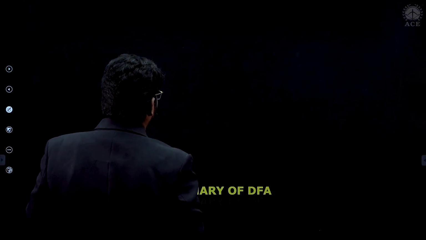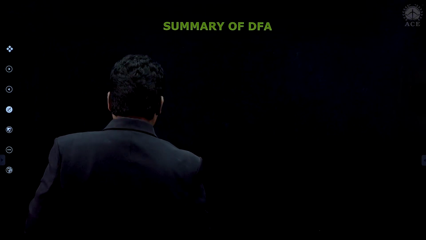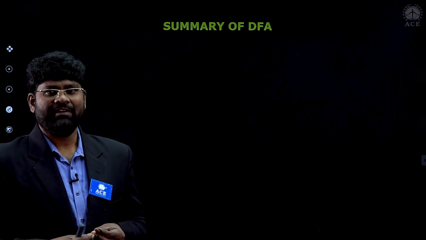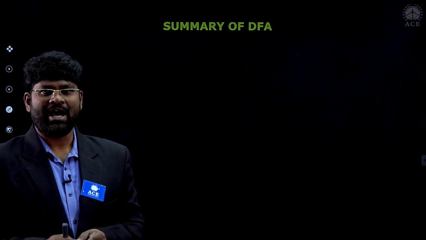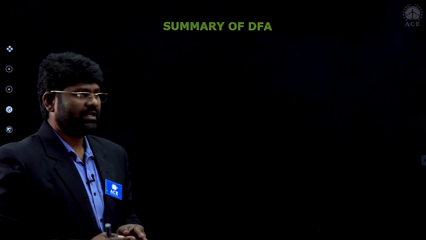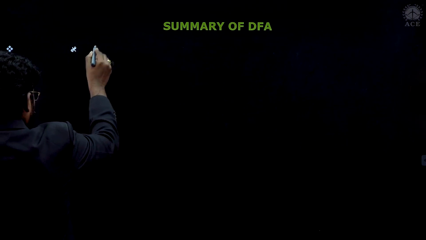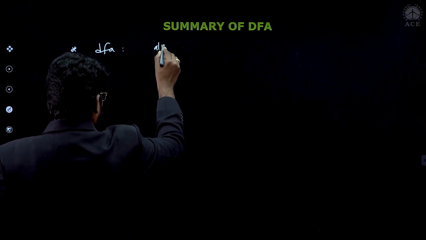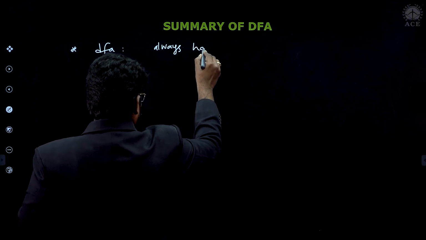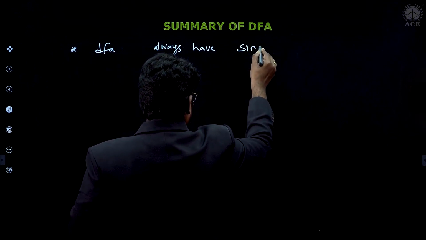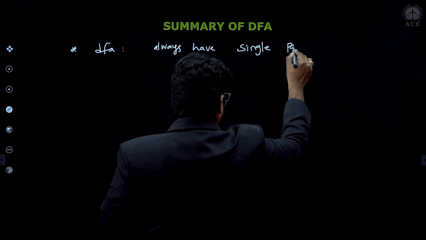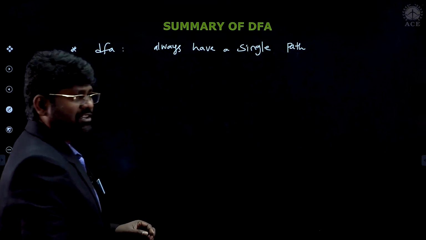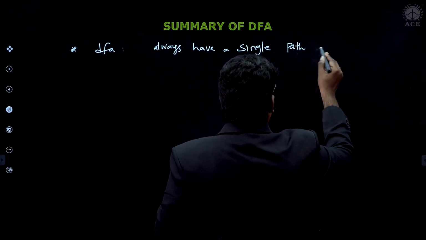Then, another point you have to remember for the exam. Whenever you have a DFA, it will always have a single path for any W. For any W you give, it will have a single path.